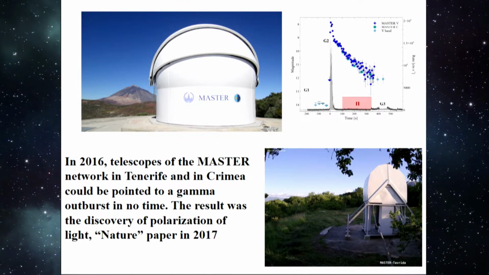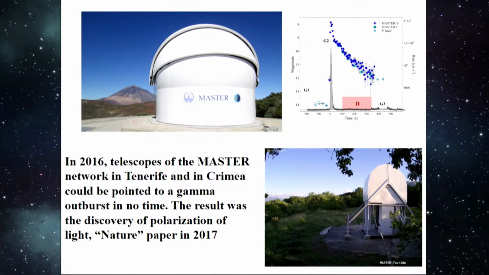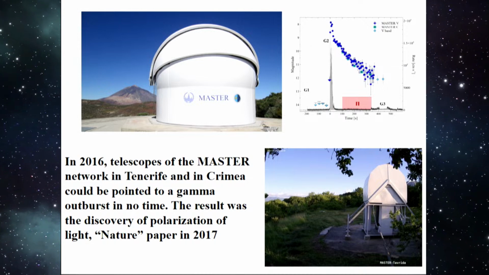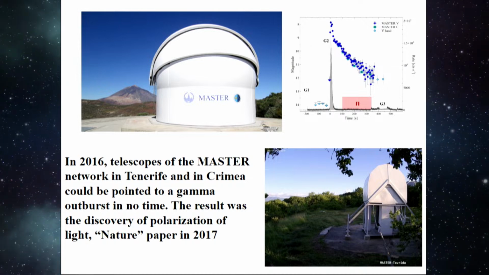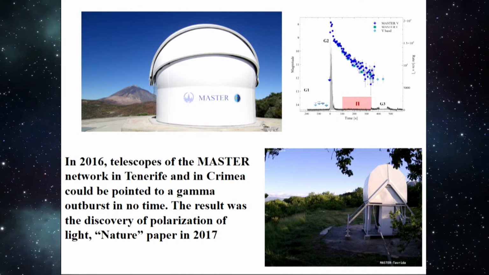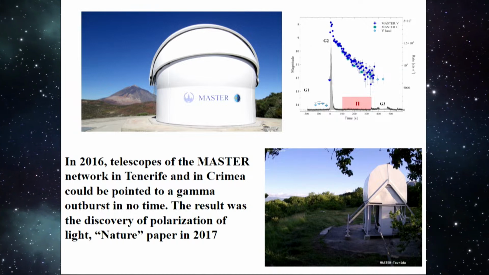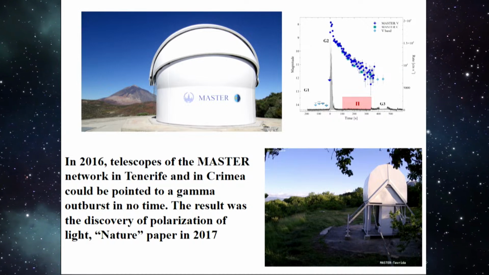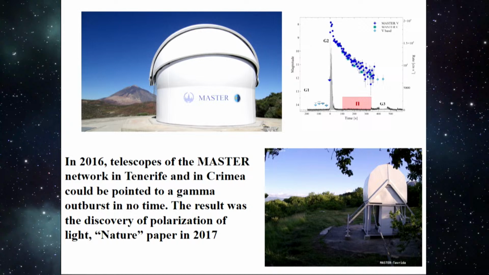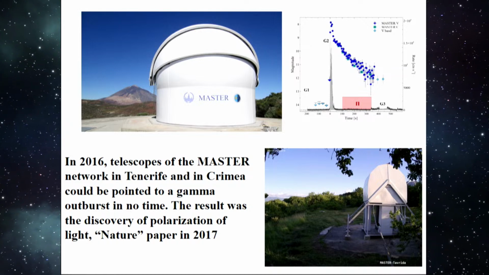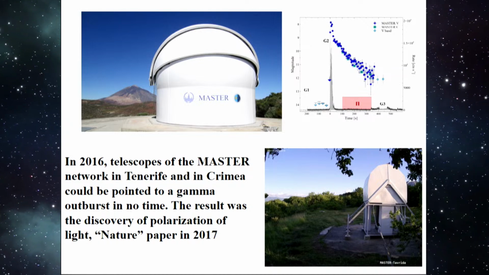And in the year 2016, telescopes of the MASTER network in Tenerife and in Crimea were pointed to a gamma outburst in no time, immediately. The result was the discovery of polarization of light, and the paper in a very prestigious international journal, Nature.